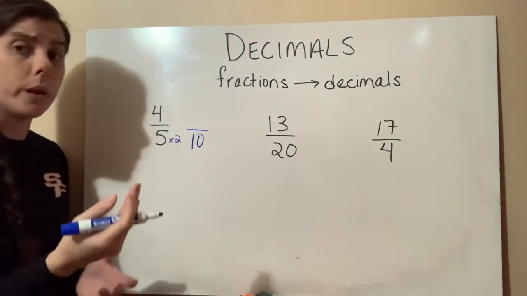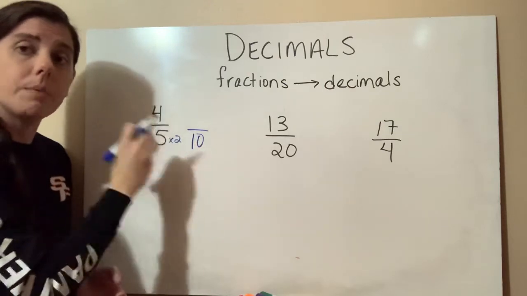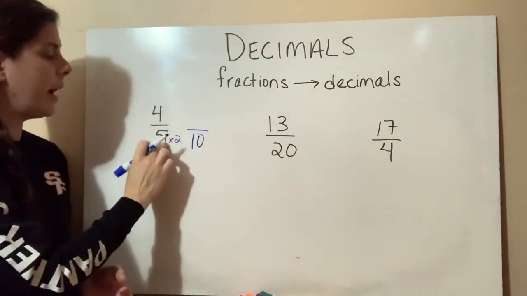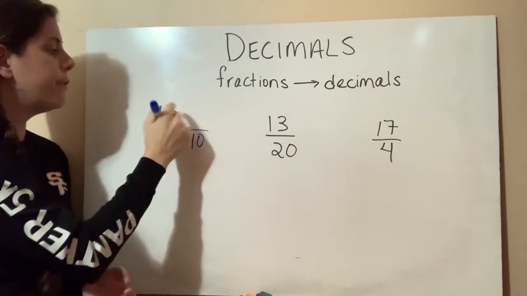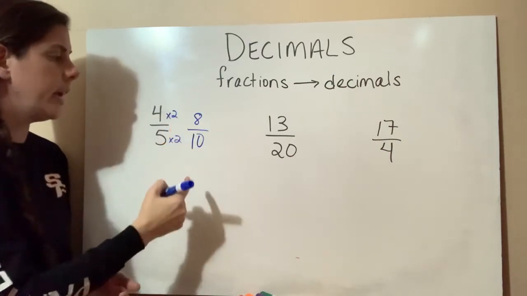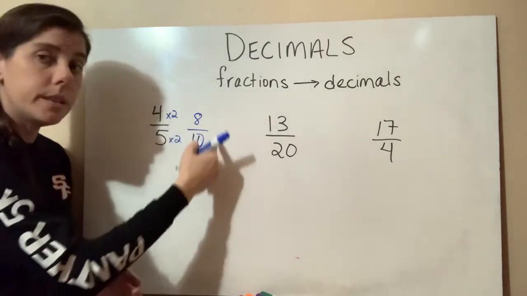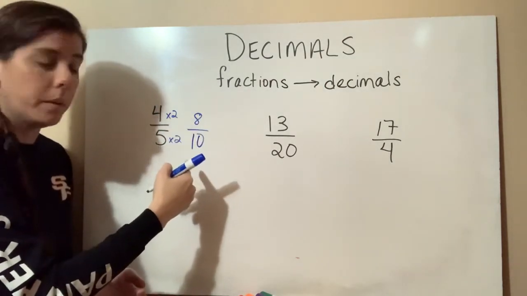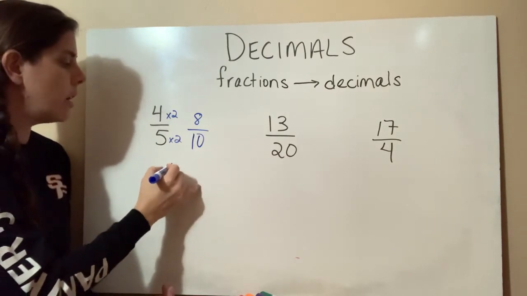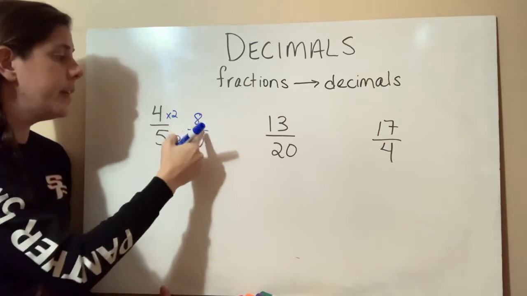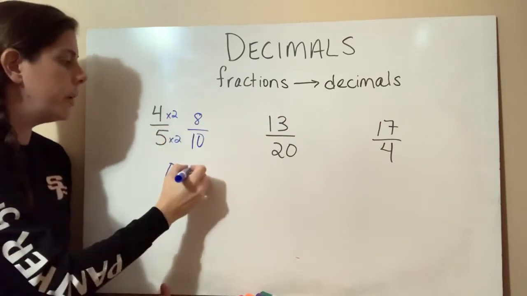In chapter 4, we learned that to keep fractions equivalent, whatever we do to the bottom, we do to the top. So 5 times 2 equals 10, and 4 times 2 equals 8. So now we have 8 tenths, and tenths is our first decimal place behind the decimal. What are we going to put in the tenths place? We're going to put an 8 there.